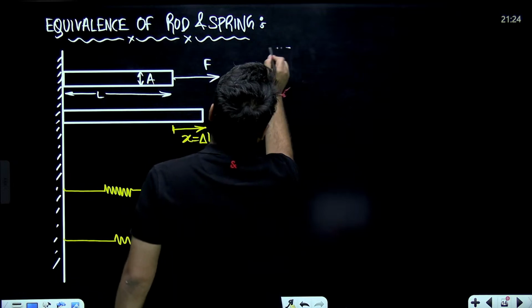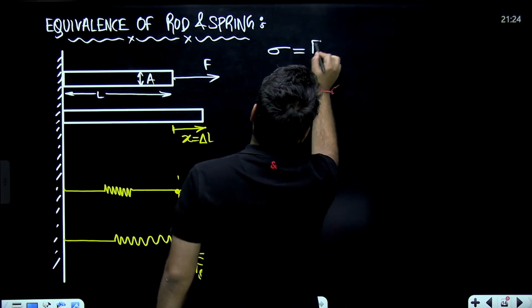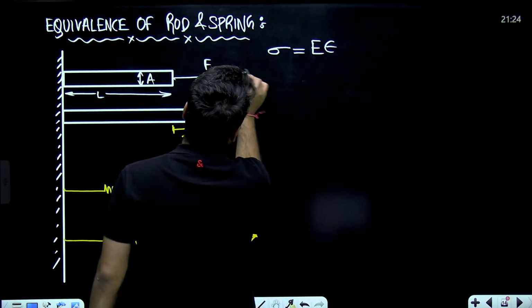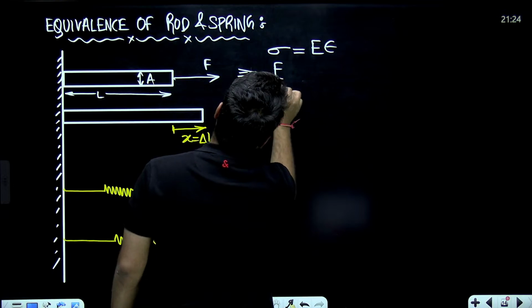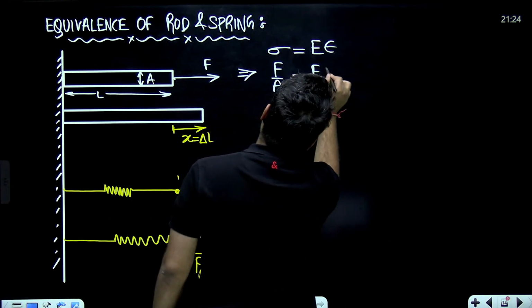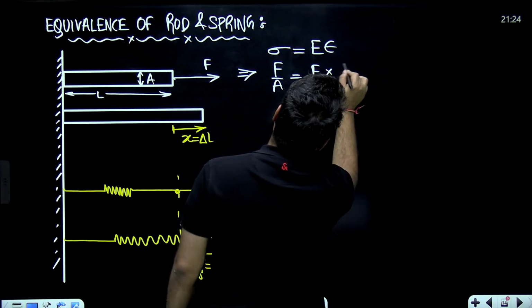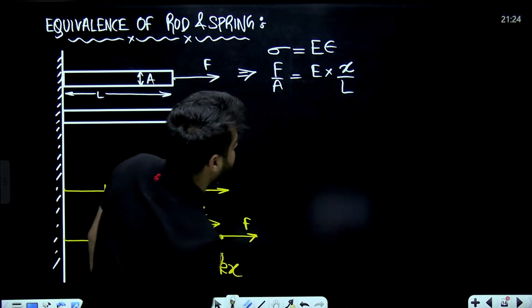So can I say the stress is equal to E epsilon, Young modulus. What is stress? Force per unit area. What is E? It is a property of the material. What is epsilon? That is deformation by original length.